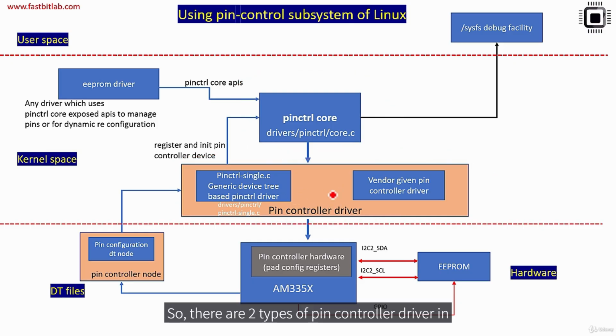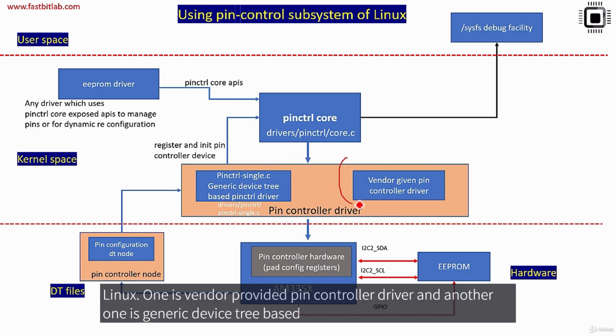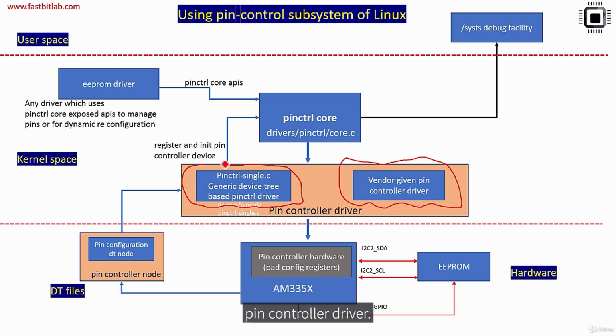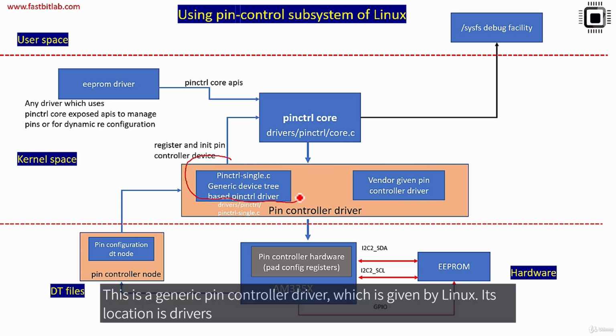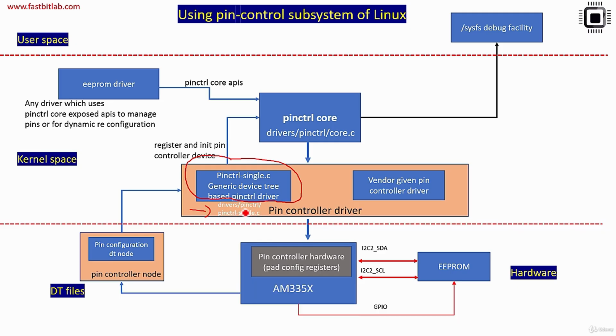So there are two types of pin controller driver in Linux. One is a vendor provided pin controller driver, and another one is a generic device tree based pin controller driver. This is a generic pin controller driver which is given by Linux. Its location is drivers/pinctrl/pinctrl-single.c.